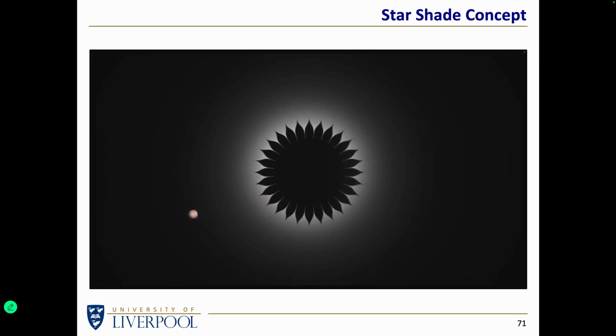It'll take a very careful choreography to make sure the star shade and the telescope are lined up accurately with a distant star, but it's thought that that will produce a much higher contrast and be able to see fainter planets. So the star shade isn't yet funded, but there's a possibility of that happening in the future.